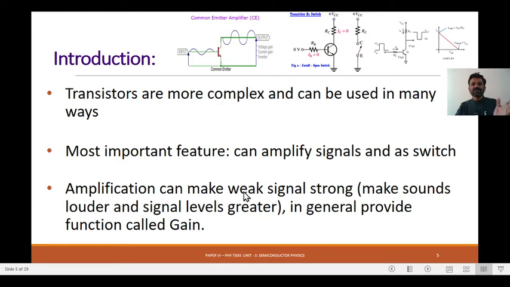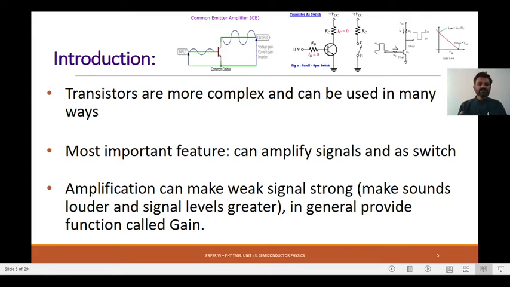Amplification means making a weak signal into a strong one, like the sound waves, the weak sound signals can get amplified. Here also I'm using this amplifier. My small signals can be amplified by using a microphone. It is getting converted. I'm using this transistor. In other words, I'm using this digital world.